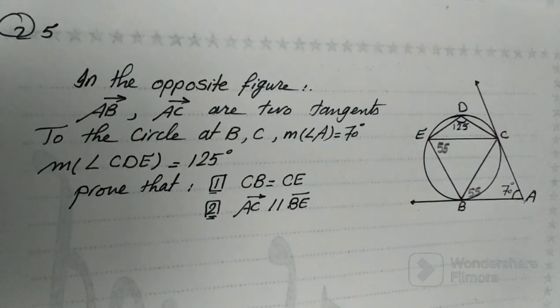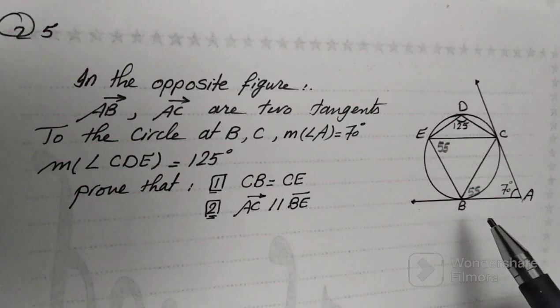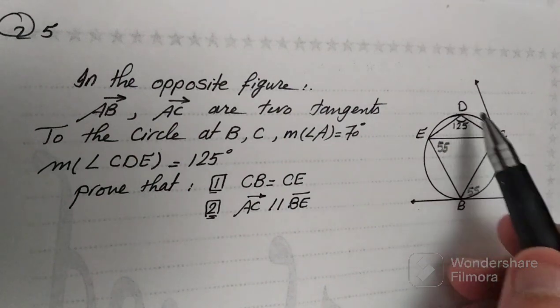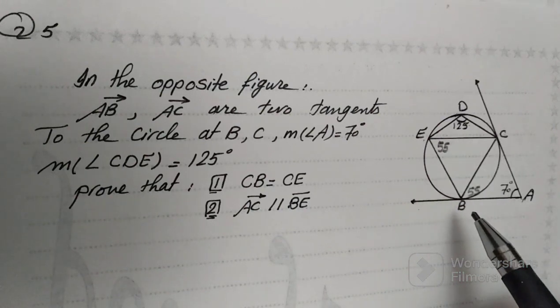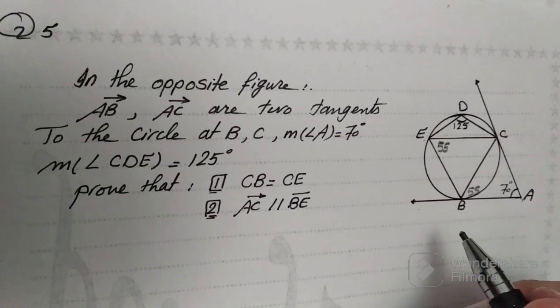Okay. Since the vertices of quadrilateral DCBE lie on the circle, therefore DCBE is a cyclic quadrilateral.